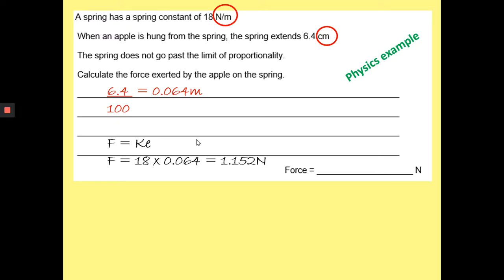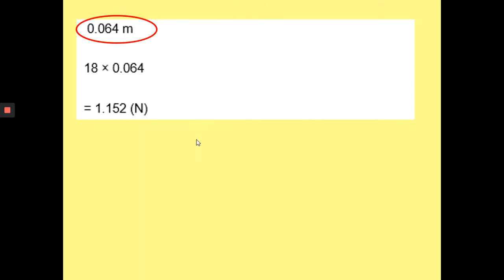I input my numbers from my question, so they've given me the spring constant of 18. I've now worked out that my extension is 0.064 meters, and that gives me an answer of 1.152 newtons. Here's the mark scheme to show that you need to convert that into meters in order to gain that mark for the question.